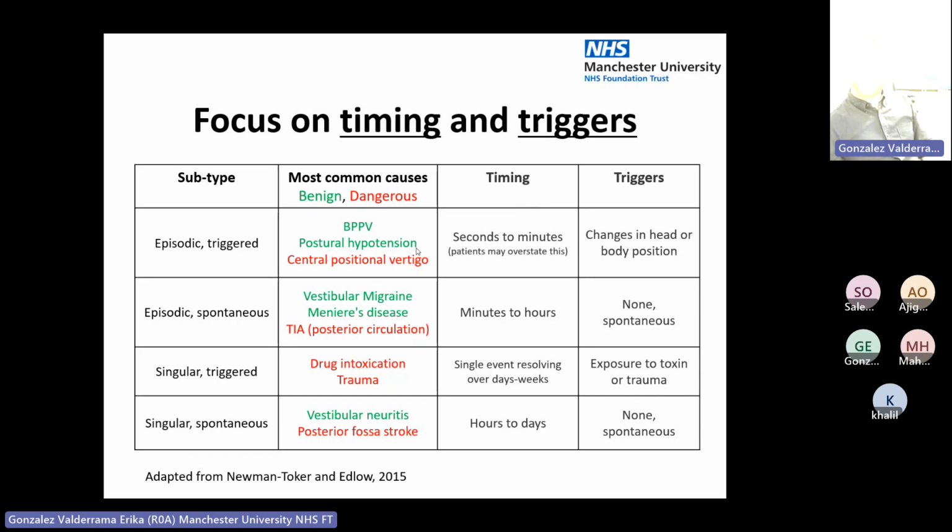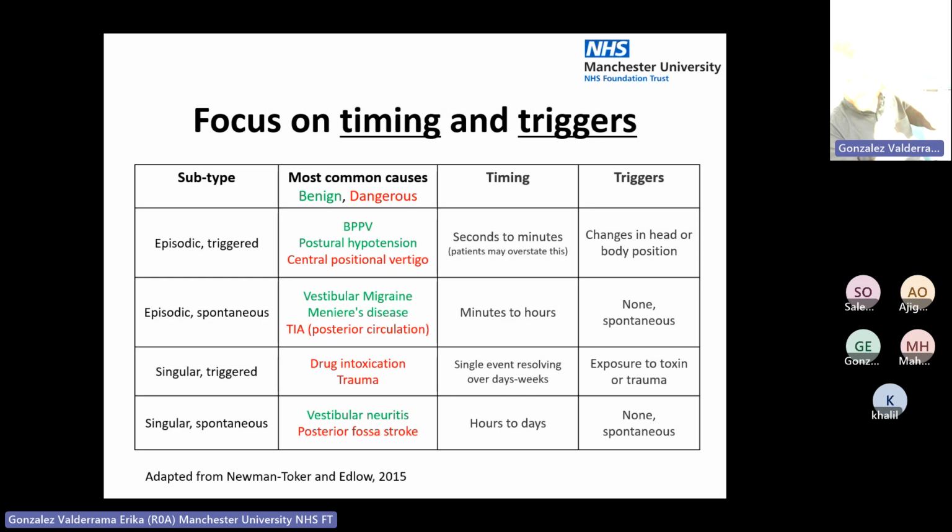So BPPV is dizziness or vertigo which lasts for seconds to minutes, no more than that, really. The patients may overstate it. They may say, I've been dizzy for hours, absolutely hours. But when you ask them, was it spinning and how long did the spinning last, they say, well, no, it only spun for a minute or so, but then I felt terrible for hours afterwards.